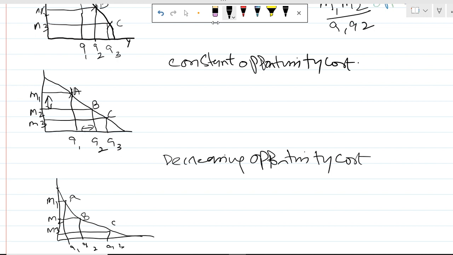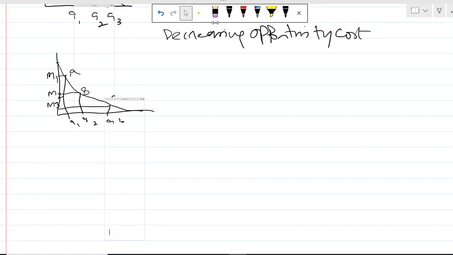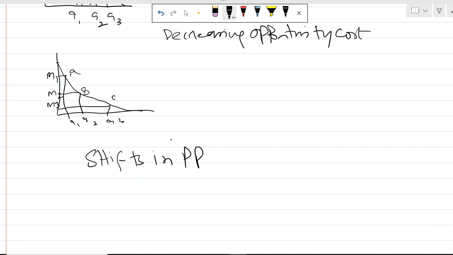And now we discuss the shifts in opportunity cost, the causes of shifts in PPC. Now we discuss the reason behind that.